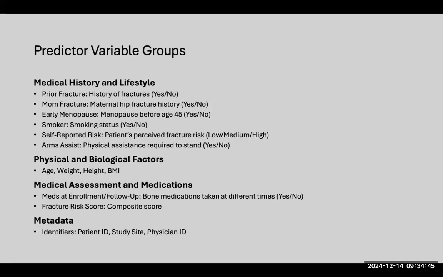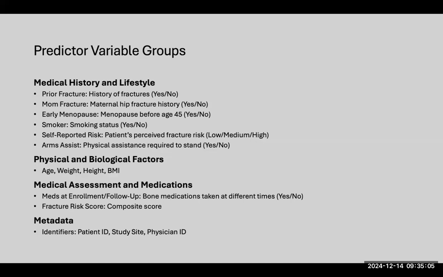I'll tell you a little bit more about the predictor variable groups. So many of the categorical variables are medical history and lifestyle type of variables, like prior history of fracture. Did your mother have a fracture? Was there an early onset of menopause? Things like this.